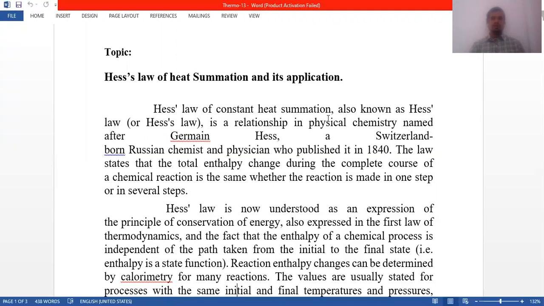Hess's law states that the enthalpy change during the complete chemical reaction is the same whether the reaction is made in a single step or in multiple steps. So it is a simple statement of Hess's law.